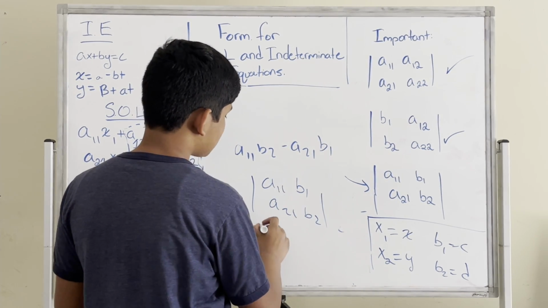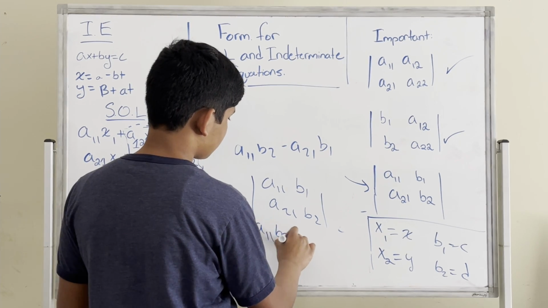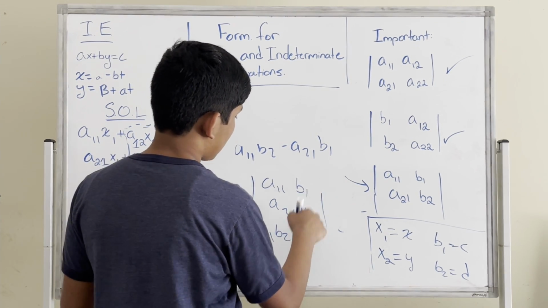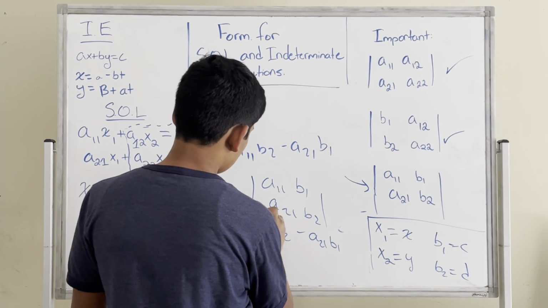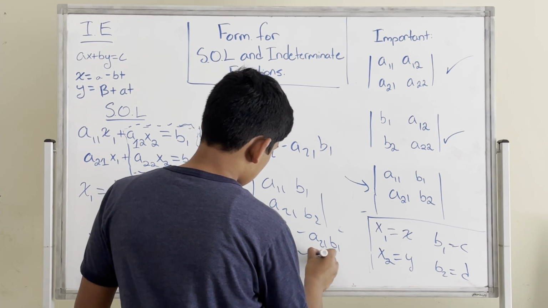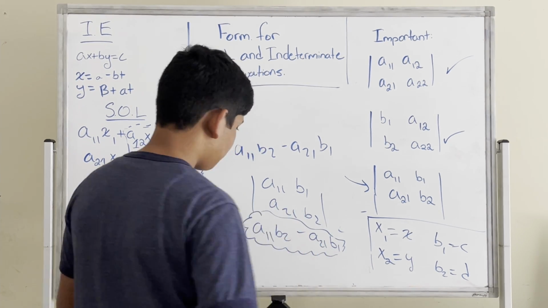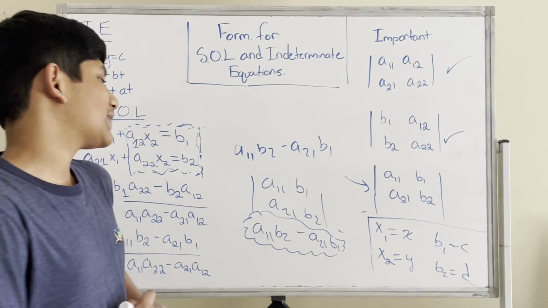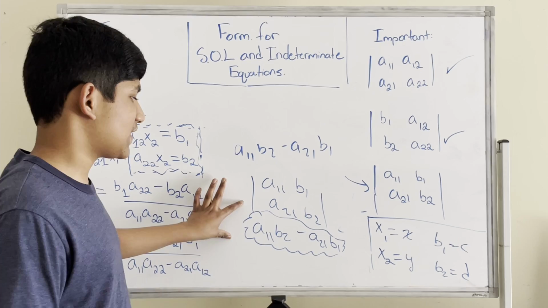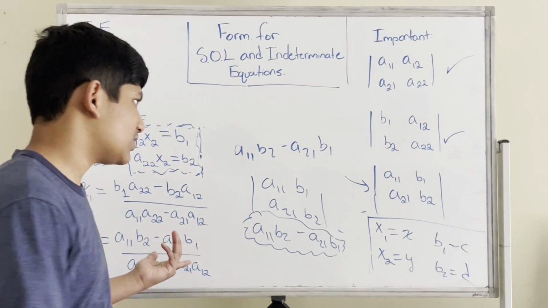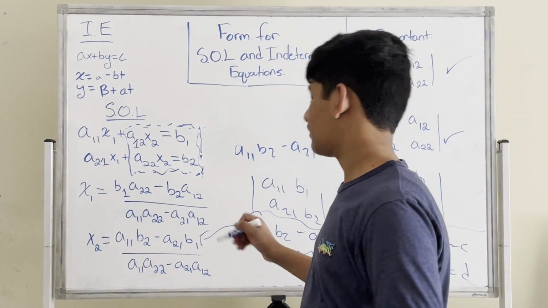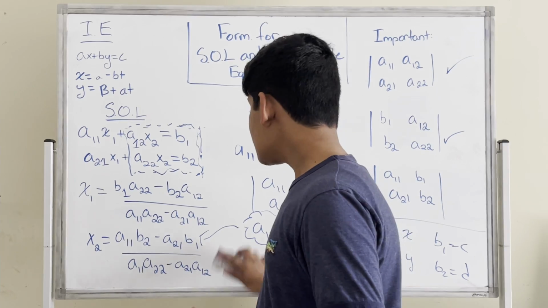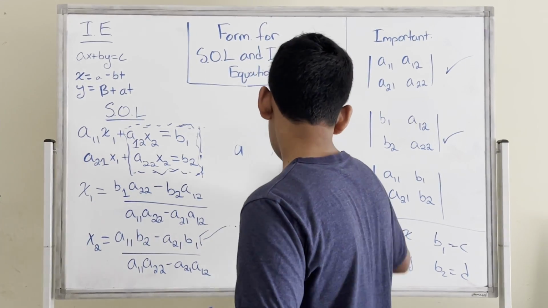We have a11 times b2, then minus a21 times b1. Okay, so this is going to be our specific answer for the determinant, and indeed this is going to be the numerator over here. So as you can see, these are all determinants of matrices.